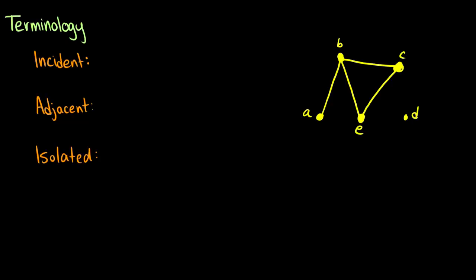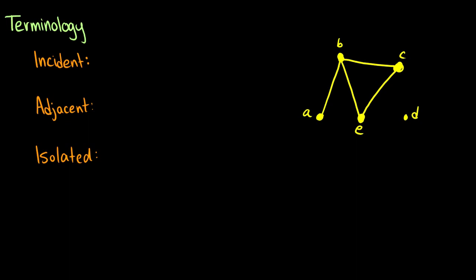So here's some more terminology for a graph. We have a nice graph there, A, B, C, D, E, and we have some edges between AB, BC, BE, and EC. So what does incident mean?